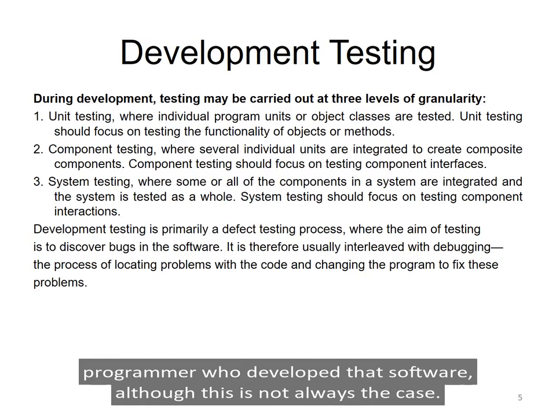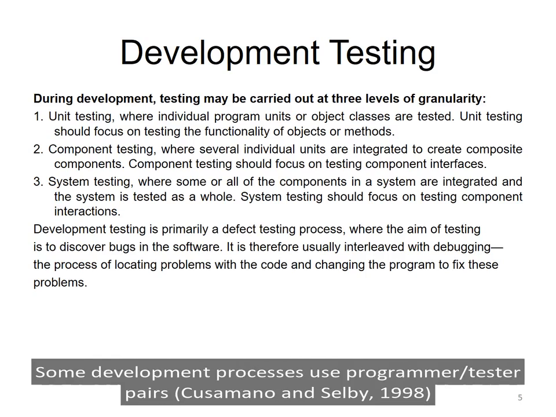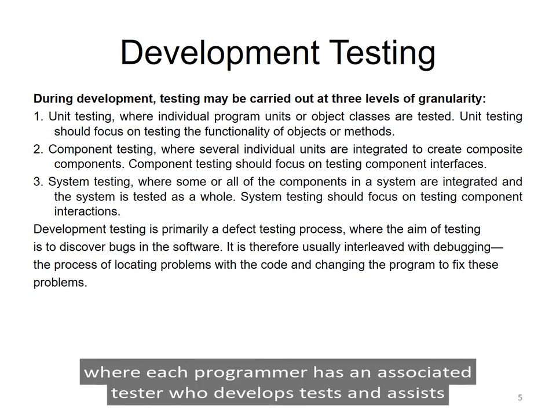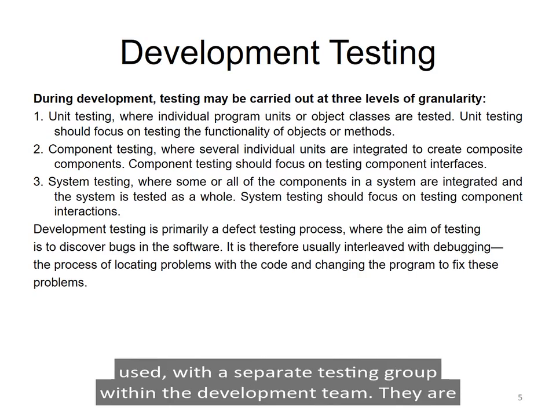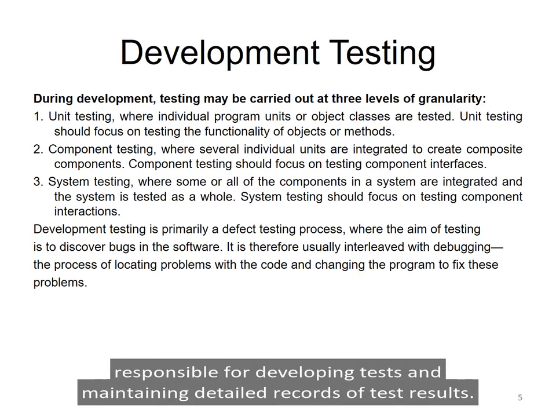Although this is not always the case, some development processes use programmer-tester pairs, where each programmer has an associated tester who develops and runs tests and assists with the testing process. For critical systems, a more formal process may be used, with a separate testing group within the development team. They are responsible for developing tests and maintaining detailed records of test results.